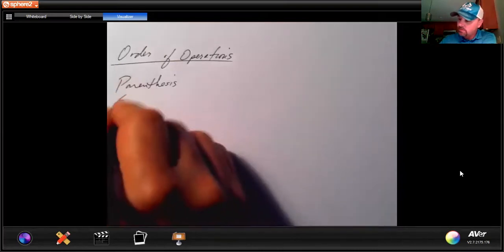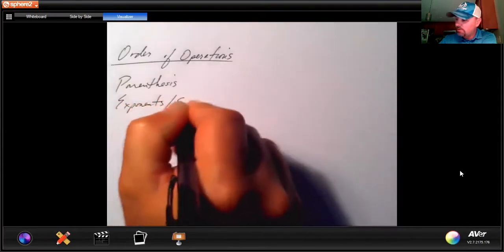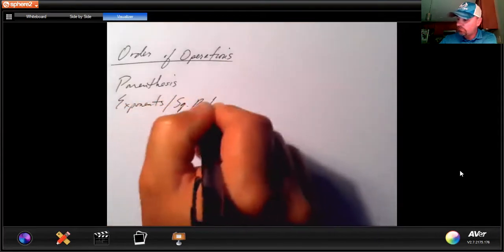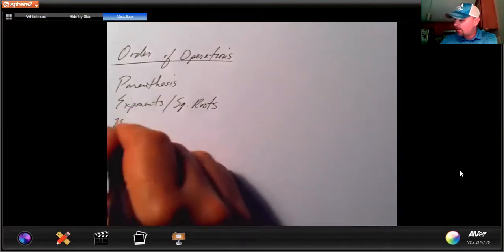Parentheses. Then you do any exponents, including square roots. Okay, so you start with any parentheses that has operations in it. Then you move to exponents, square roots. Then you multiply or divide.